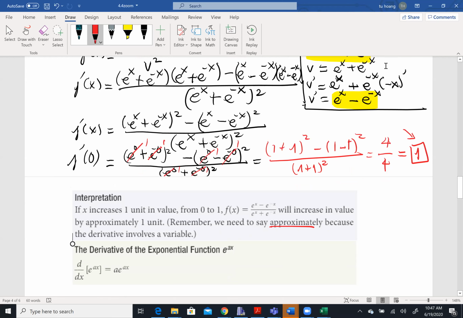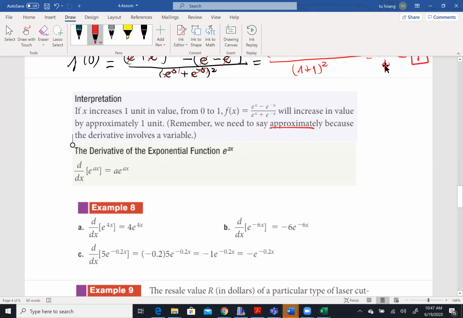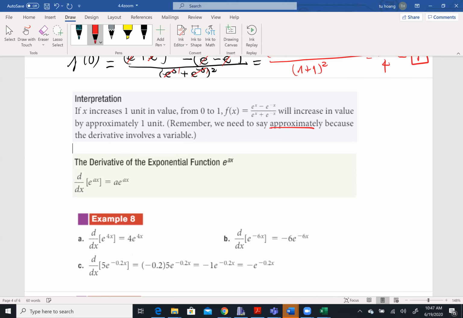Now we're going to talk about some special cases for the exponential function.